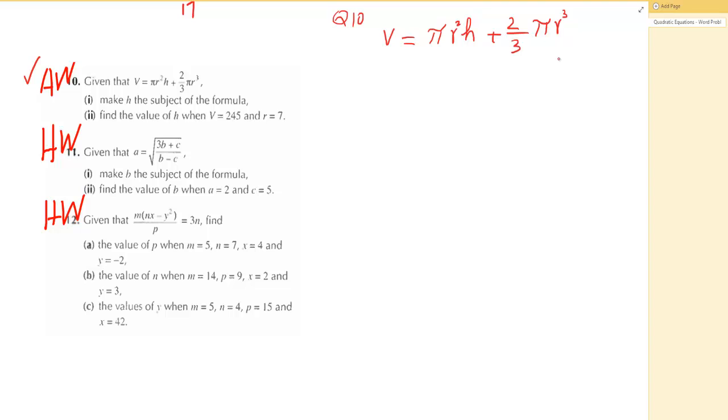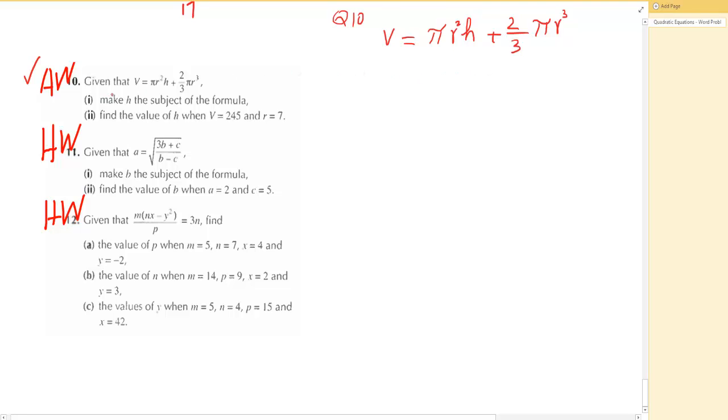This is the volume, the sum of the volume of a cylinder and hemisphere. You have studied this topic in grade 8, and it is in D2. So we have this formula, the sum of the volume of the cylinder and hemisphere.